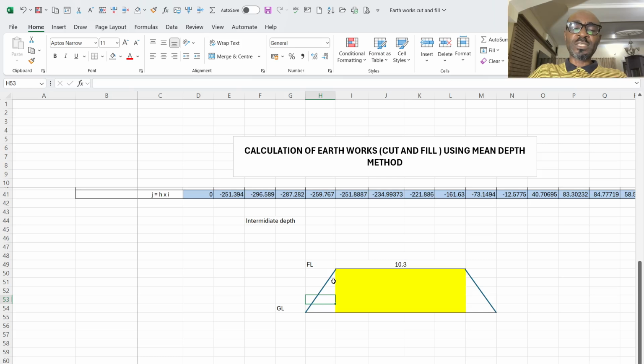But now, because this is a right angle triangle, in some cases the gradients for both sides are sometimes not the same. So you might be having ratio 1:3 here, and ratio 1:2 here. So you will compute it separately and divide by 2, then add them together. But if you bring these two right angle triangles together, it will give you a rectangle.